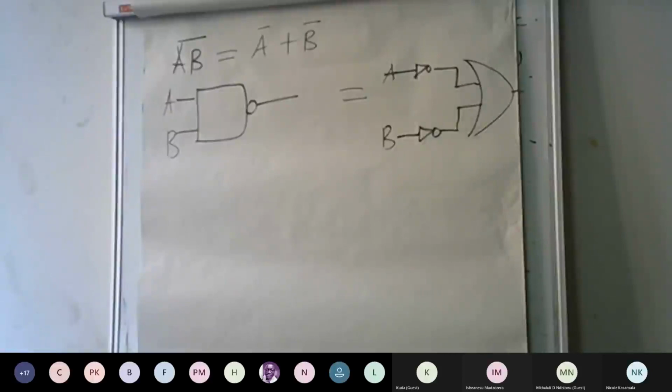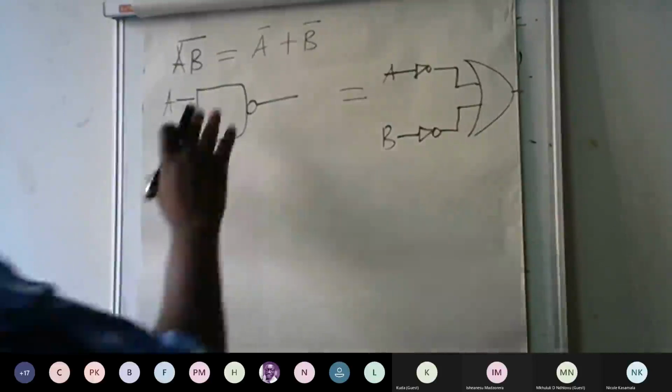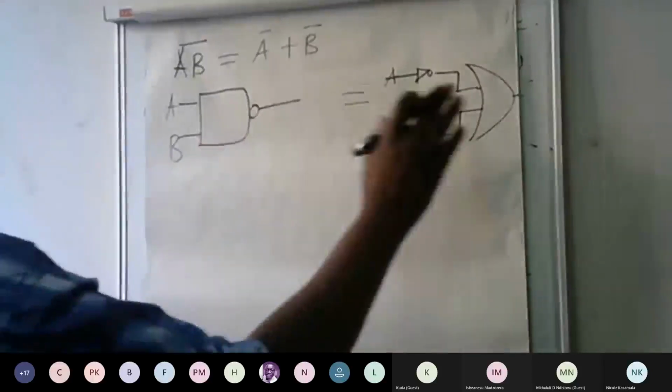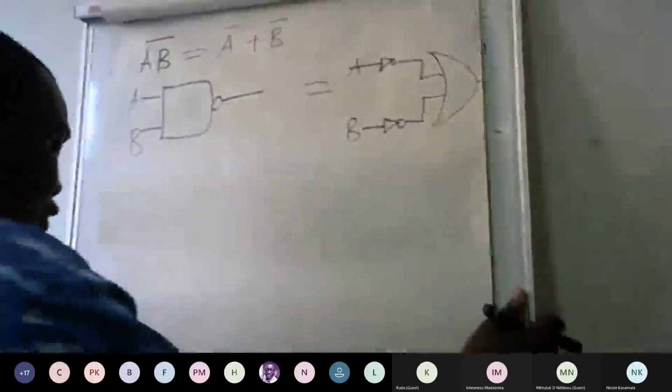Now, you should be able to draw these gates, because you have got an AND gate, you have got an OR gate, you have got an exclusive OR, right?